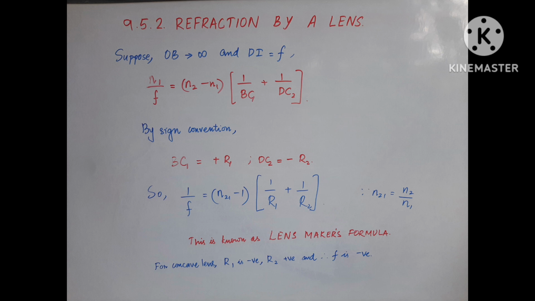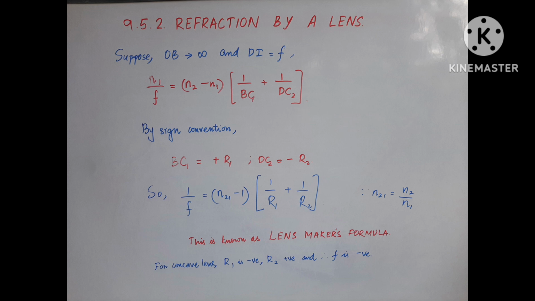By sign convention, BC1 is equal to plus R1, positive, because it is measured in the direction of the incident light. And DC2 can be considered as minus R2, because the distance is measured against the incident light. If we substitute this in the above equation and take n1 to the other side, we get 1 by f equal to n2 minus n1 whole divided by n1.